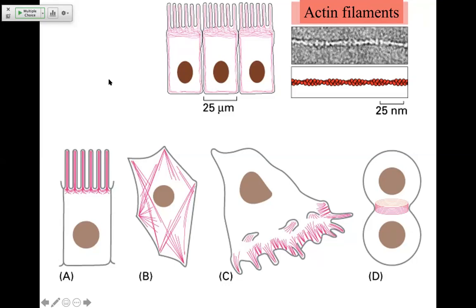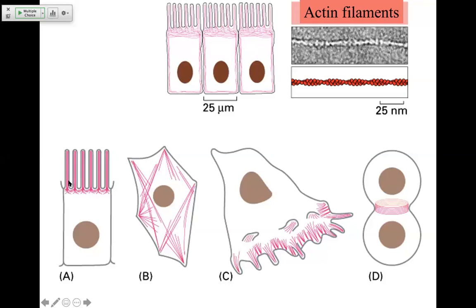Their primary role is helping to maintain the shape of a cell or to cause the shape of a cell to change. So over here on the left-hand side, we're looking at an example of a role of microfilaments: microfilaments help to stabilize the shape of microvilli.